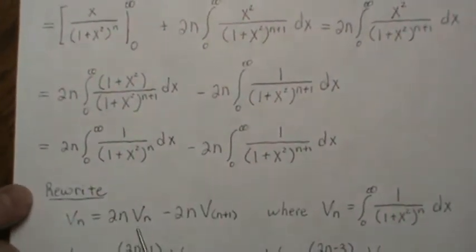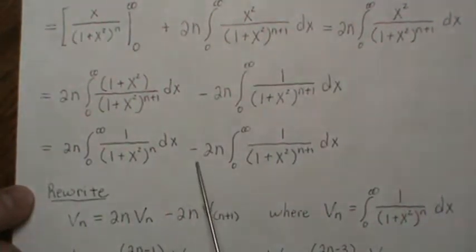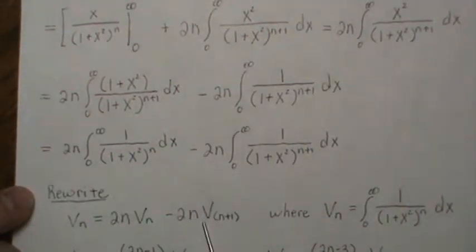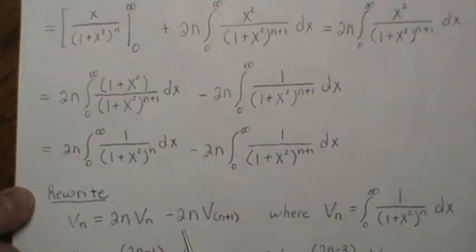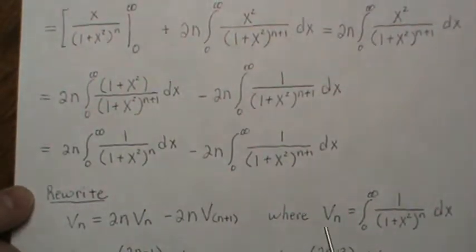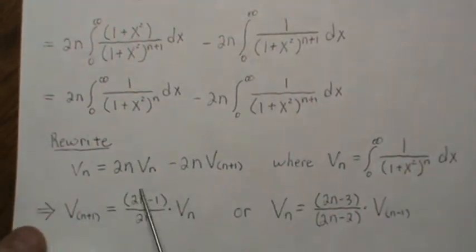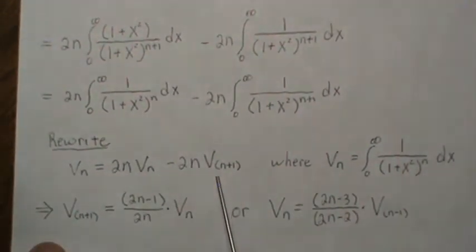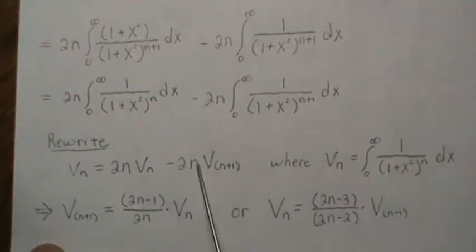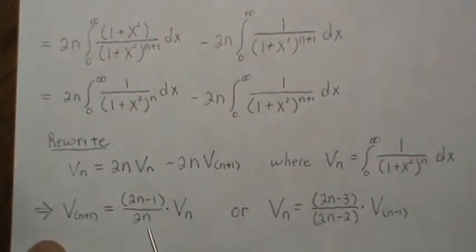It's 2n times v of n minus 2n times v of n plus 1. Right? So we have this relationship here, where v of n, of course, is the value of this when we use n. Now let's rearrange this and solve for v of n plus 1, and we get this. So we take the other side, subtract that, we get this.